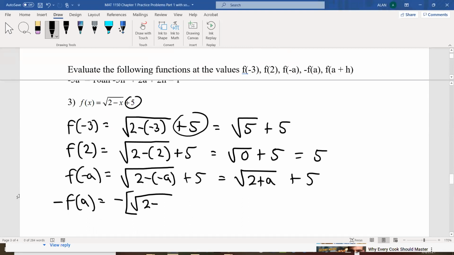Okay. I want you to be able to see it all in one shot. Now that negative applies to the entire expression, even the 5. So we end up here with negative radical 2 minus a, minus 5.